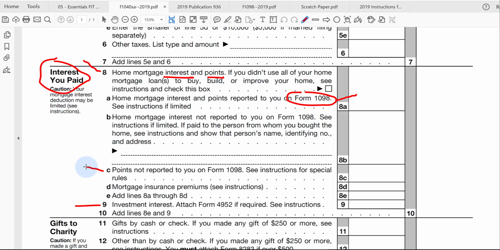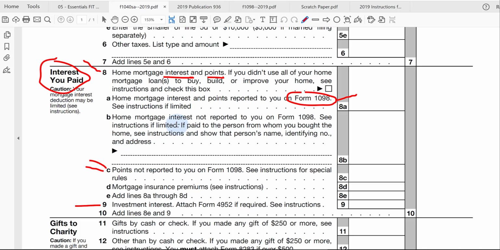And also, if you refinance, you borrow money to pay off an old mortgage and you pay those points, you may have to spread the deduction of the points over the life of the new loan. Again, we call that amortized, and that would also be reported down here in line C each year that you amortize those points. The limitation is based upon the amount you borrow.